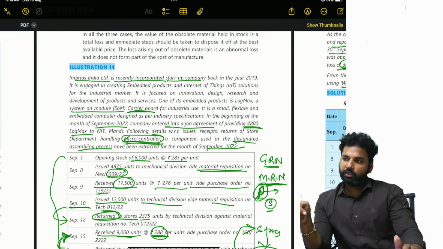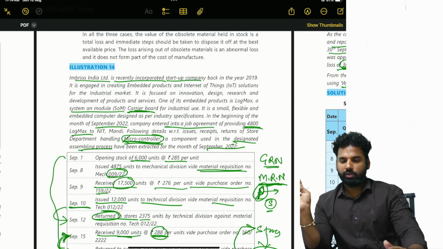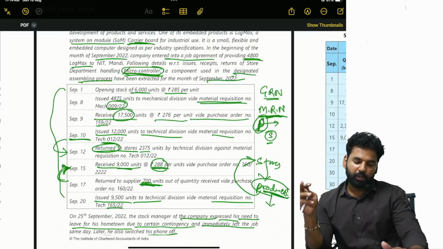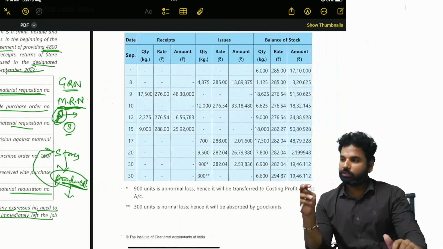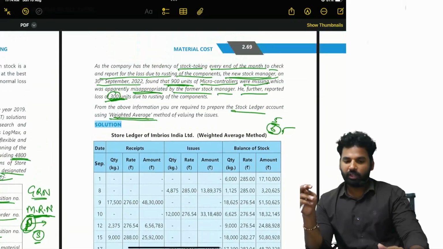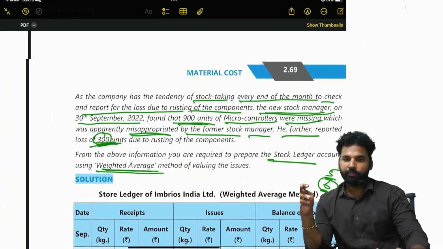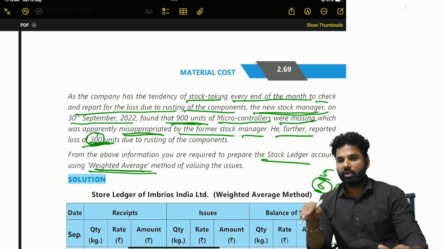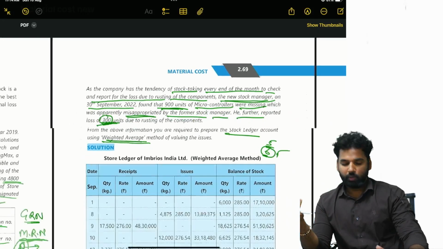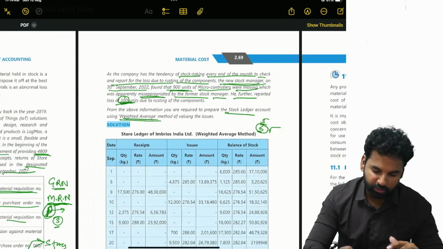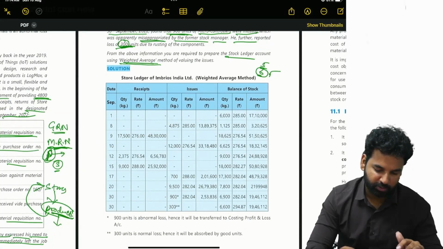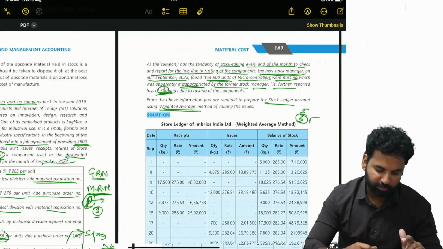Returns from stores to supplier are treated as issues. Next, abnormal loss will be treated just like issues. Normal loss will be absorbed. Okay, so we'll try to do this using the weighted average method.